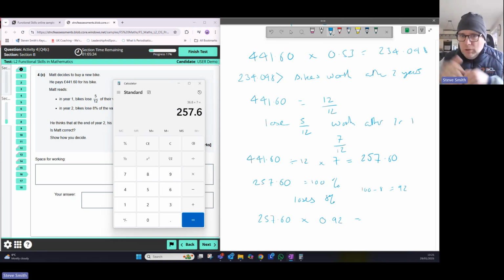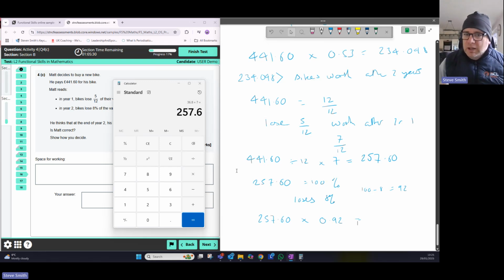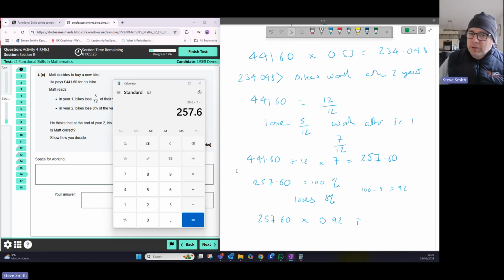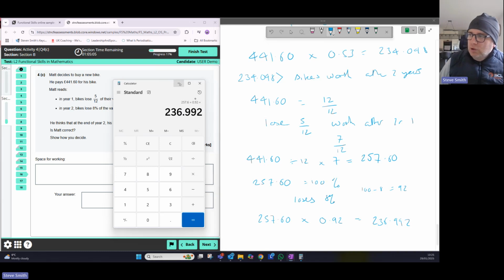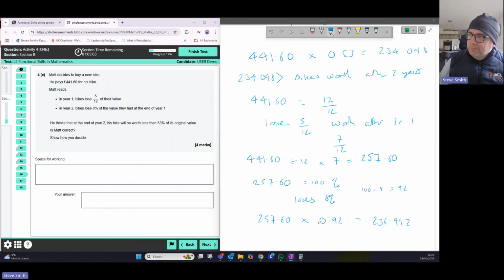Or we can do that short bit in our head and think, if it's losing 8%, it's keeping 92%. And 92% as a decimal is 0.92. So if I multiply my number by 0.92, I've still got my 92%. So times by 0.92 equals £236.992. So that's how much his bike is worth at the end of year 2.